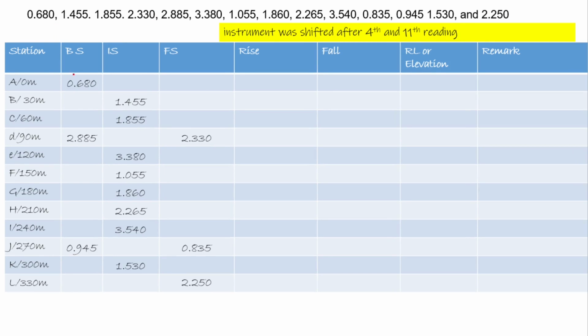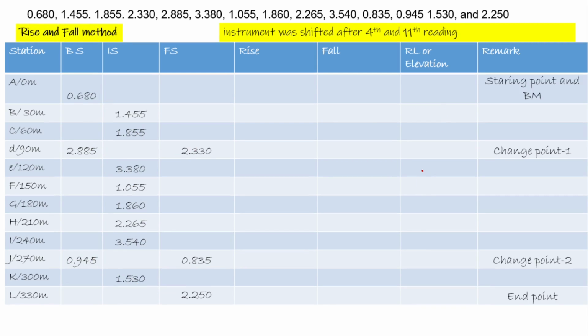This is your first setup, second setup, third setup. First of all, let me fill in all the remarks. You know the remarks and you know the RL of the first point. Here you can see it is your first setup, so I am going to solve the first setup first.